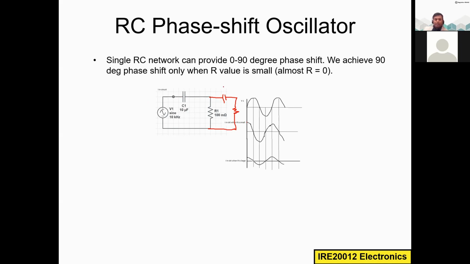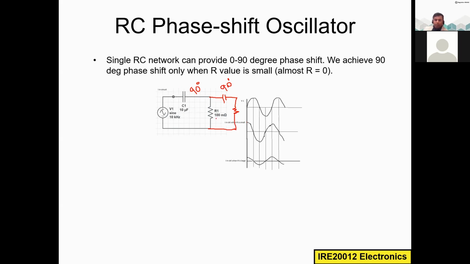But the condition is, if you want to achieve the maximum phase shift, that is 90 degrees per pole or per stage, then the R value should be really, really small, almost like 0.